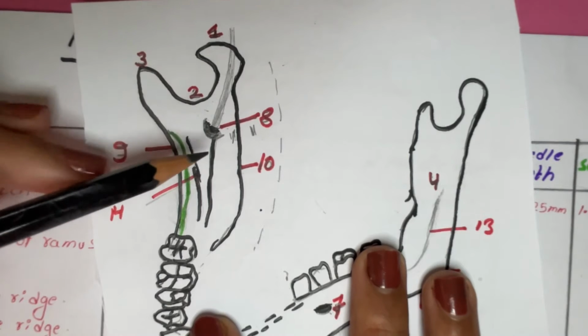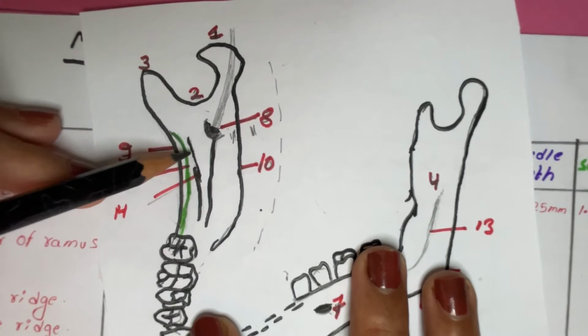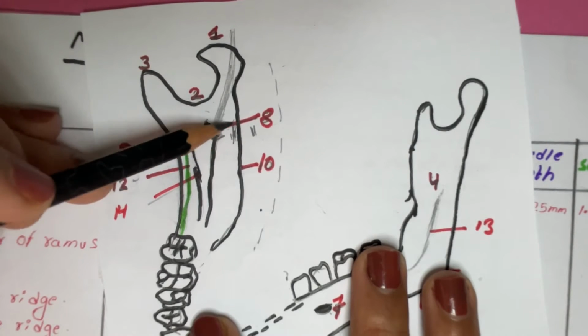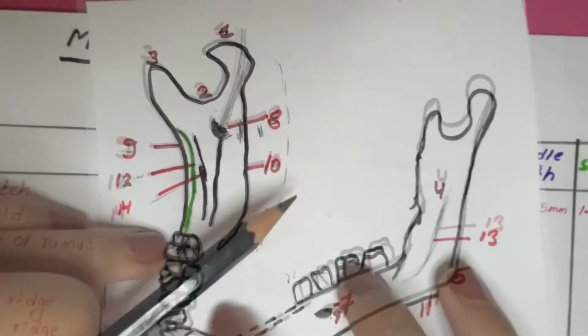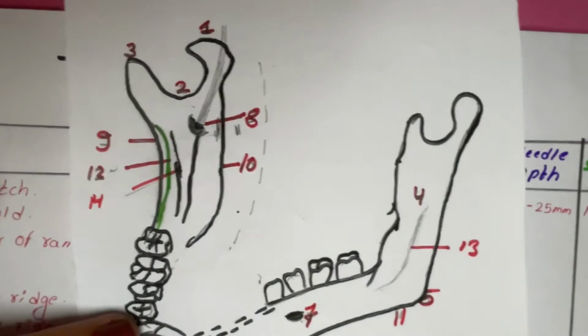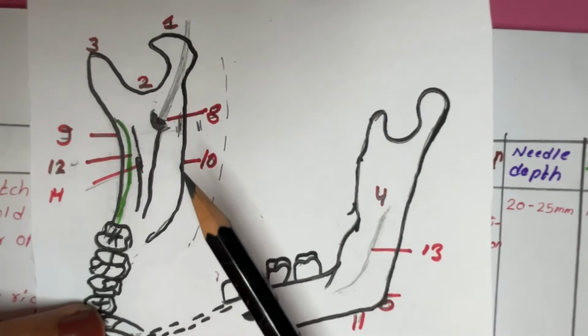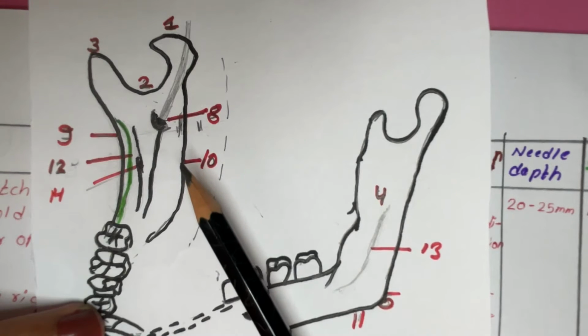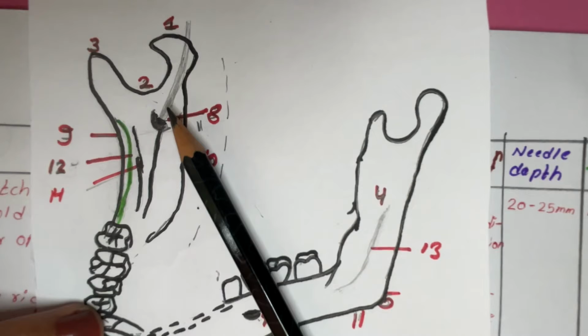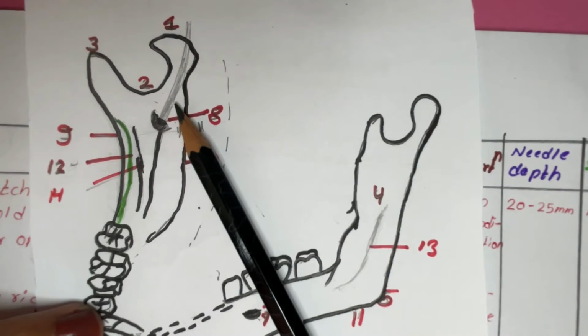Always insert the needle at 2/3 of this area, so that we are inserting the needle 6 to 10 mm above the posterior teeth, from the opposite side of the premolar, and at 2/3 of this area plane.